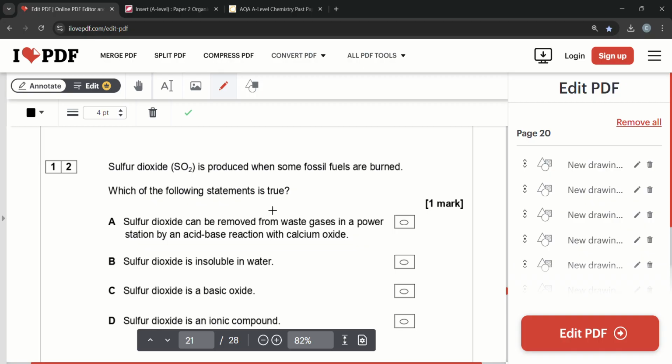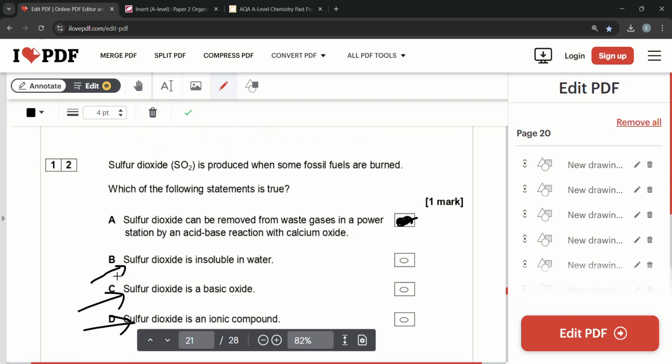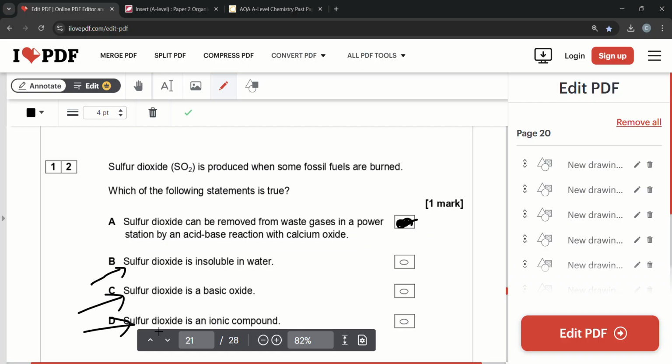Sulfur dioxide is produced when some fossil fuels are burned. Which of the following statements is true? Sulfur dioxide can be removed from waste gas in a power station by acid-base reaction with carbon monoxide. That is definitely not true. Some of these multiple choice questions, they just add these to confuse students, obviously, but you only need to know the key details of the topic and you can easily get the question right.